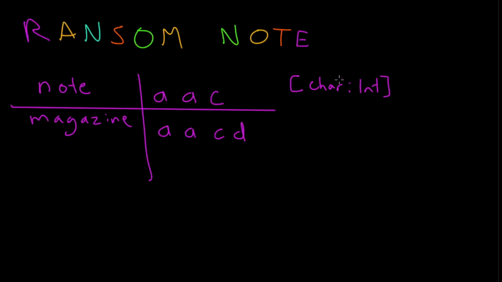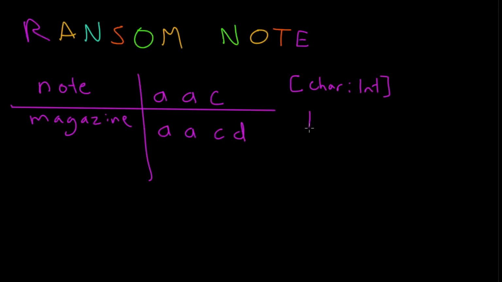So the first thing you're going to do is convert the note and the magazine to character counts, and you're going to end up with two dictionaries, one that'll have character to integer for the note, and another that's going to have character to integer for the magazine.